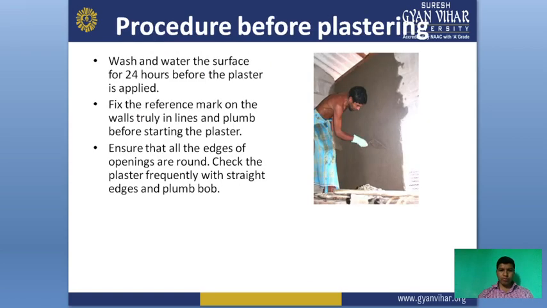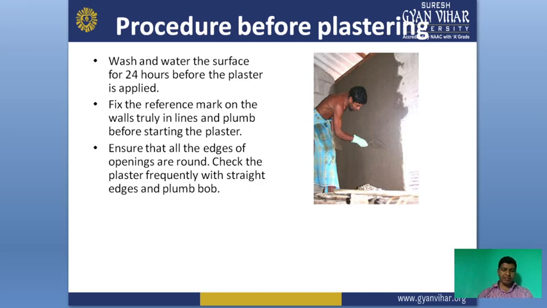The procedures before plastering are: the first one is to wash and water the surface for 24 hours before the plaster is applied. It means first we have to wash the surface with water before the plaster is applied.